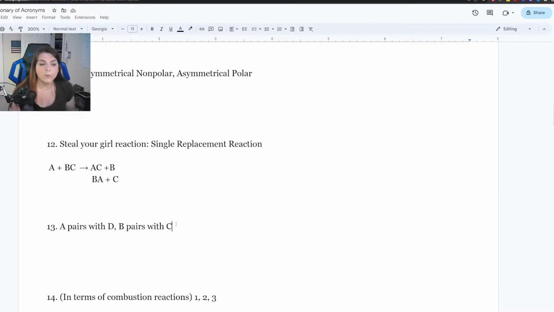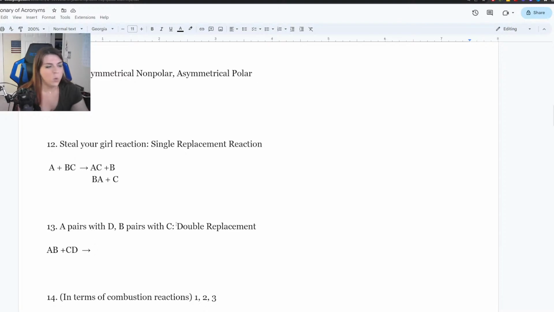ADBC is the double replacement. In a double replacement, you'd have something like AB trying to have a reaction with CD, and they swap partners. So A is going to pair up with D every time, and that's because A is positive and C is positive.